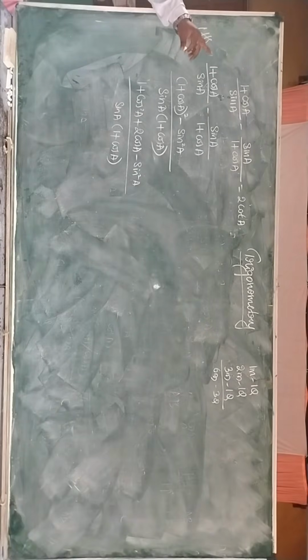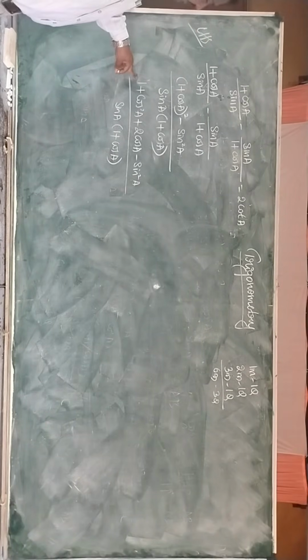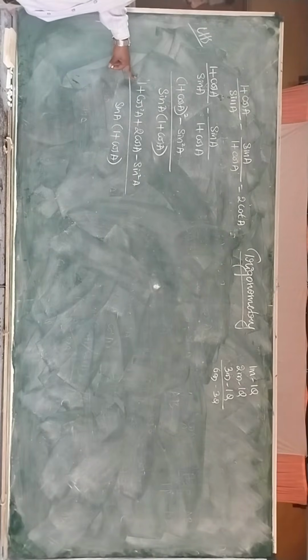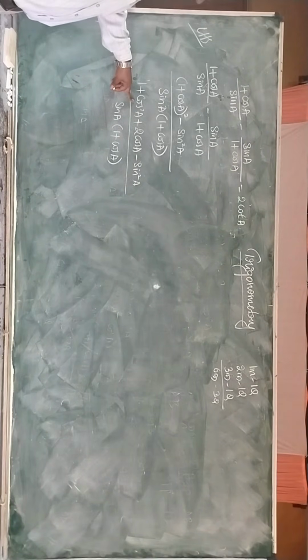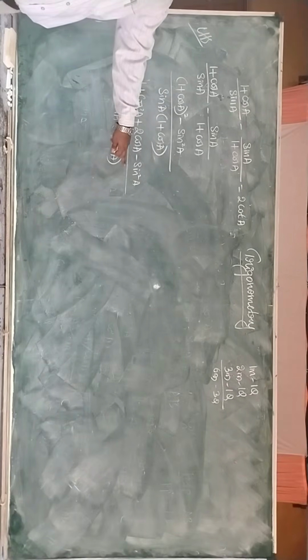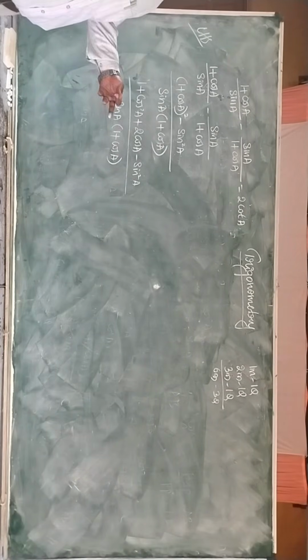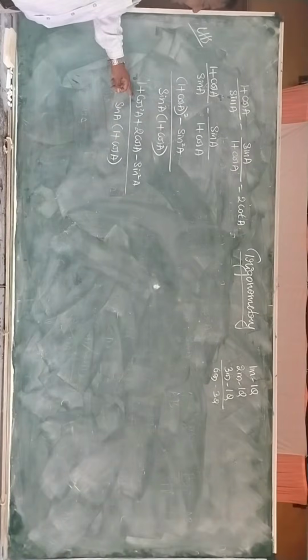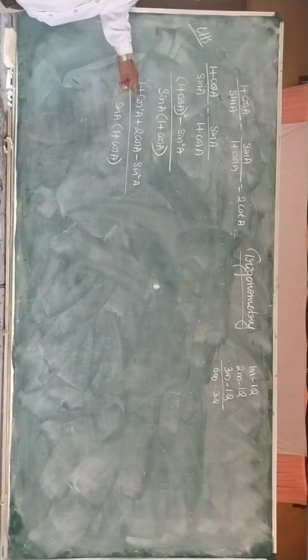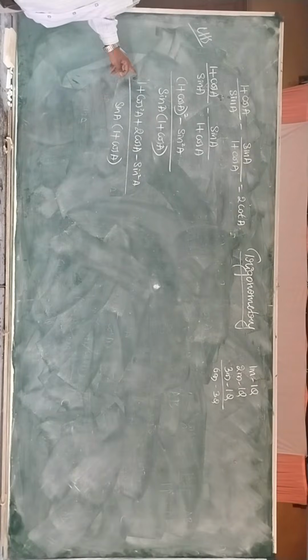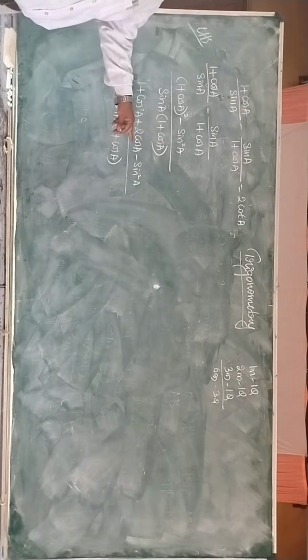But we need 2 times cot A. Next, cos square A minus sin square A. Cos square A plus sin square A is 1, but we can't take cos square minus sin square as 1. So take 1 minus sin square, which is cos square. It becomes cos square, then cos square, 2 times cos square.